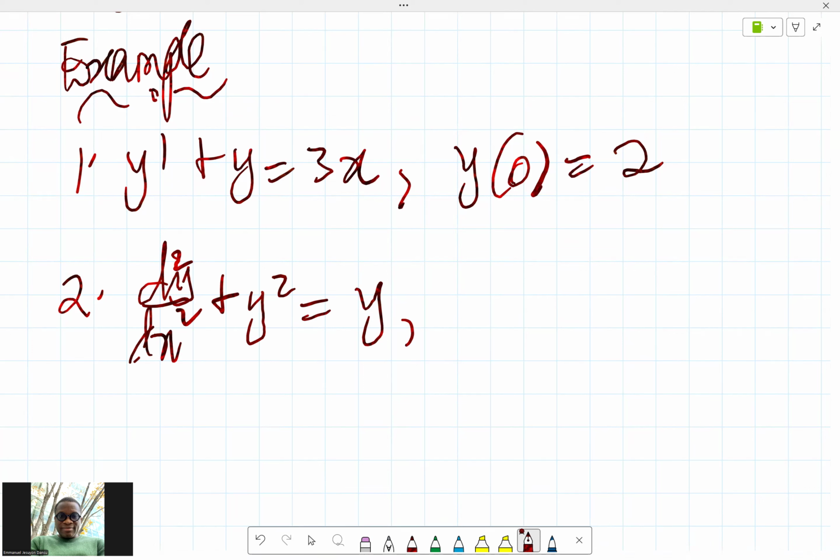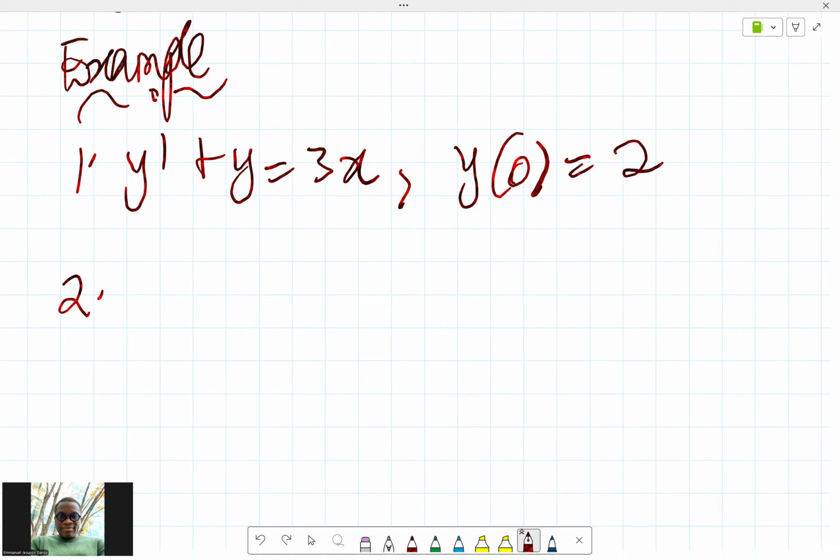I think you can only have an initial value problem with a single condition for first order, because for second order you probably need more than one. So let me go with something else.